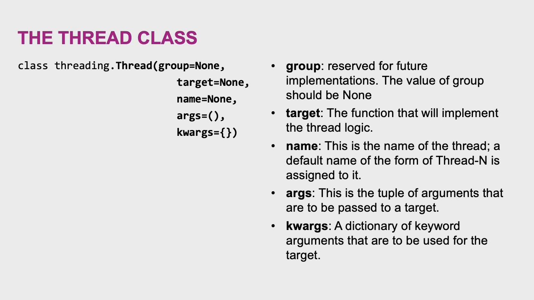This is the tuple of arguments that will be passed to the target function, the function that you passed in as a target, because you may have to pass in arguments to a thread, for example, to set up some initial value, to adjust its behavior. Finally, you can pass in a dictionary of keyword arguments that are used for the target, kwargs.